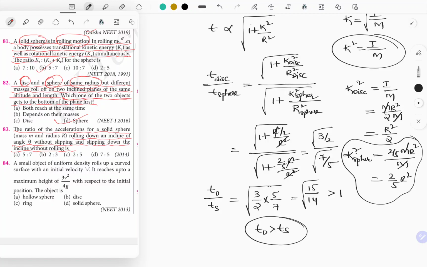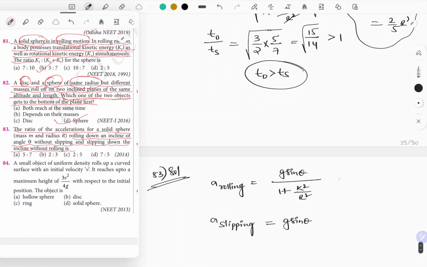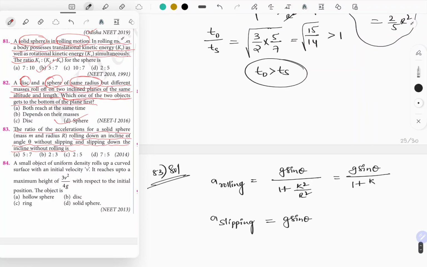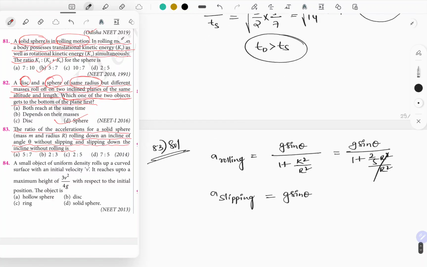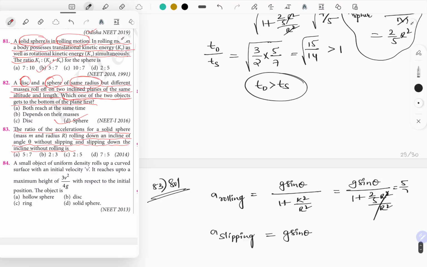K square for a sphere is 2 by 5 r square, so the acceleration is g sin theta divided by 1 plus 2 by 5 r square by r square. The r square will get cancelled. Then we get 5 by 7 g sin theta, and the other is g sin theta.